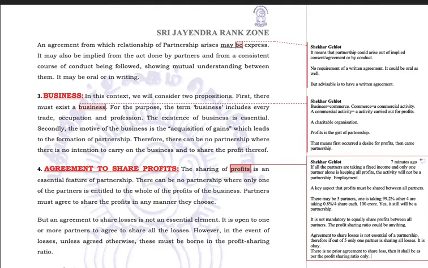If there is no prior agreement to share the losses between the partners, and some loss has occurred, how will they share the losses between themselves? They will share the losses by way of the profit sharing ratio. Whatever profit sharing they have, they will apply it on the loss sharing as well, in the absence of a contract.